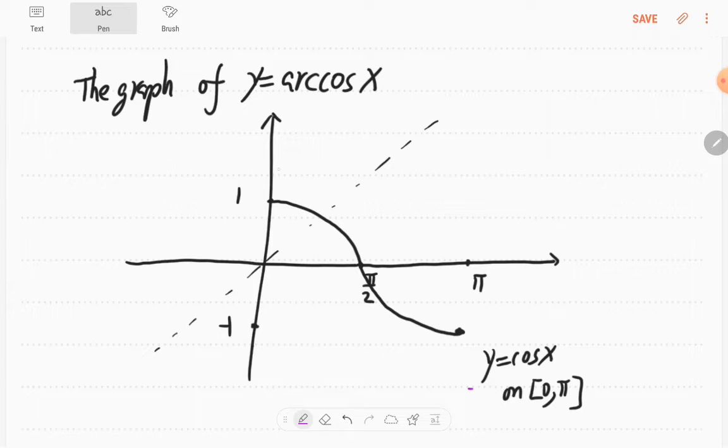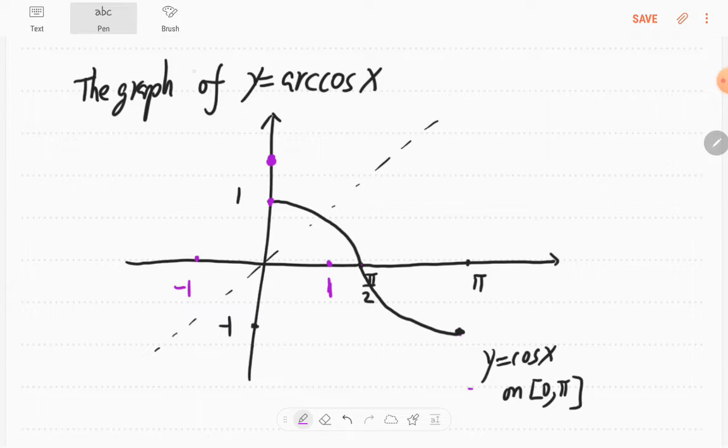Okay, so it's symmetric. So we have the 1, 0 point. The point pi over 2 and 0 becomes 0, pi over 2. And this is the point pi, -1, then we have -1 and the pi point.